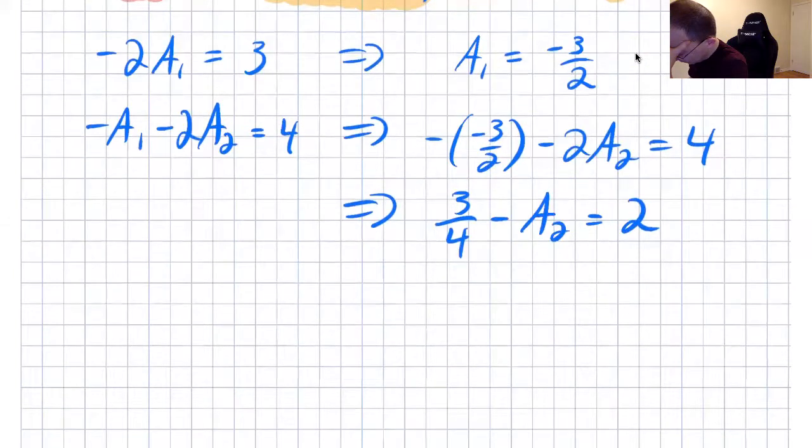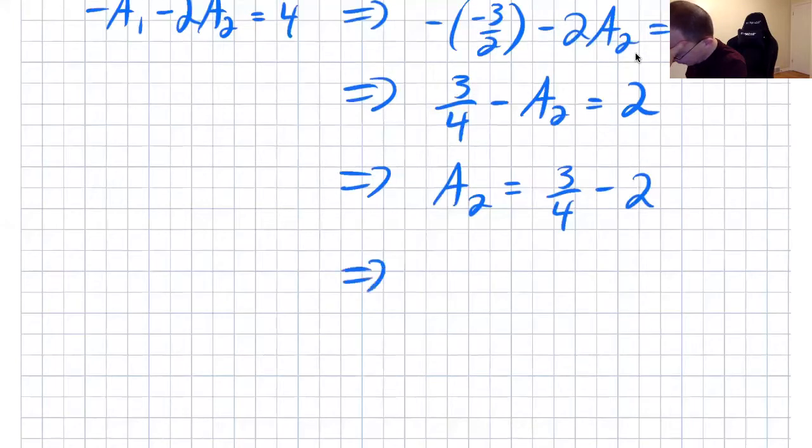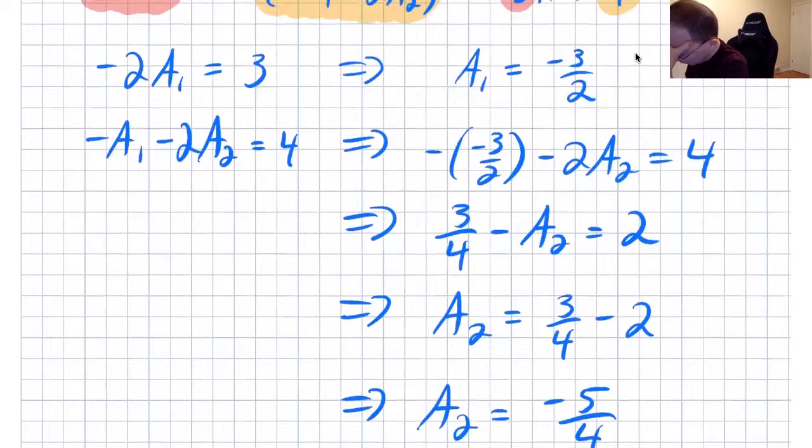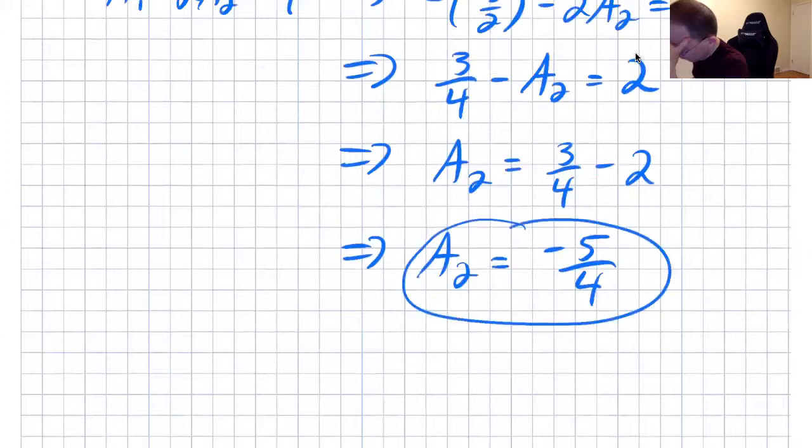Then move a2 over to one side and bring the 2 to the other side. So that'll give me a2 is equal to 3 over 4 minus 2. So it's 3 over 4 minus 8 over 4, so it'll be negative 5 over 4. So a2 is equal to negative 5 over 4. So there's our a1 right there, and this is a2 right there.